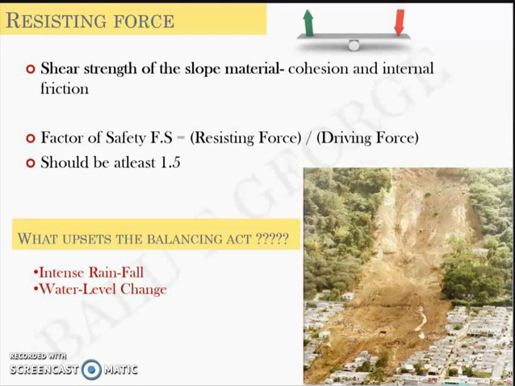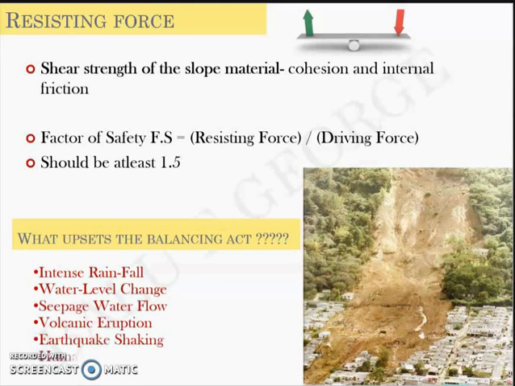Number 3 is seepage water flow. And number 4 can be volcanic eruption. And then you can have earthquake shaking, or even human activity like trying to play with nature, trying to excavate soil from the base of a bridge, etc., which might try to induce failure.